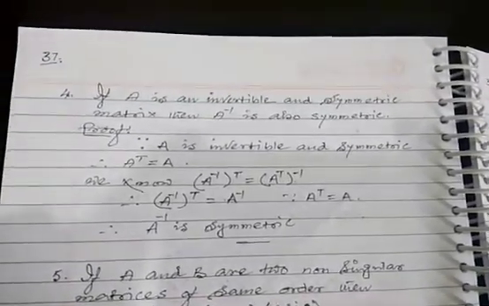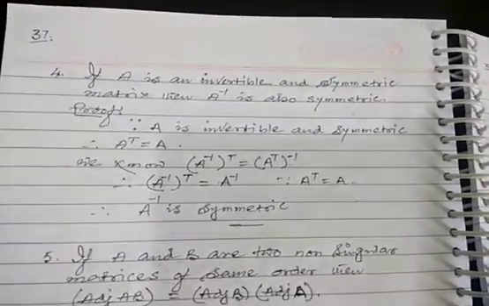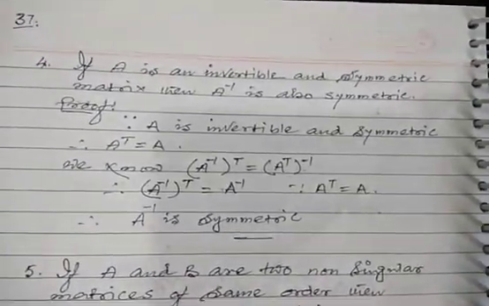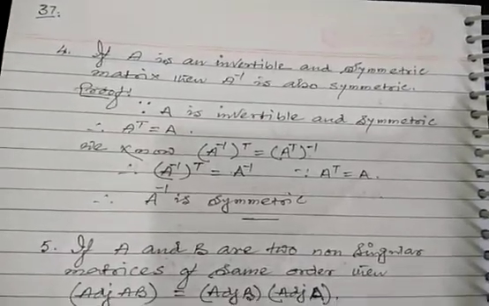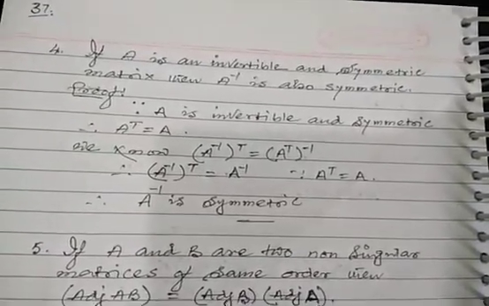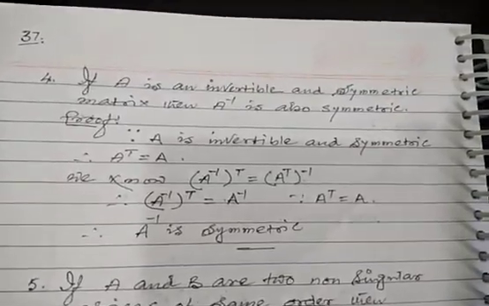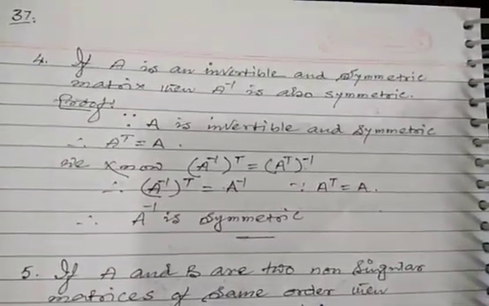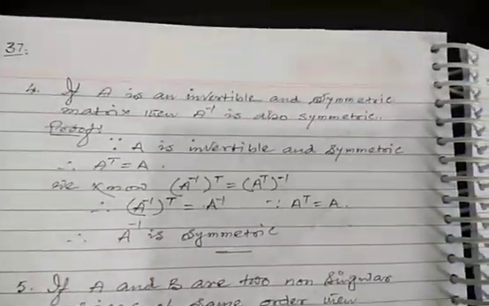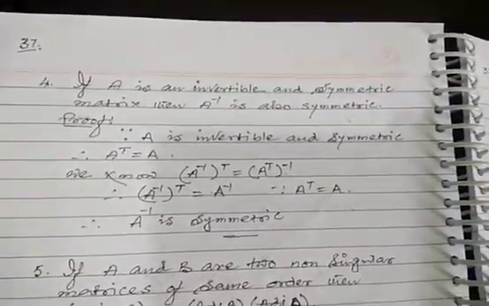So, transpose of A inverse is equal to A inverse, since A transpose is equal to A. Therefore, A inverse is also symmetric. Meaning the transpose of A inverse is A inverse itself.